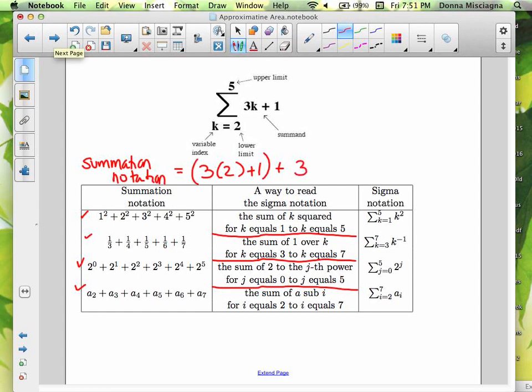So that's the first term. 3 times 3 plus 1. That's the second term. And 3 times 4 plus 1. I can't really squeeze them in here, so I'll just write them underneath. And then 3 times 5 plus 1. So that's what our sum would be in summation notation.